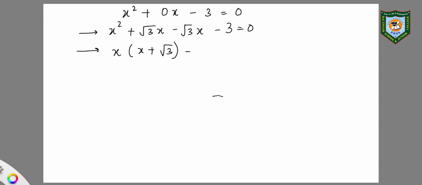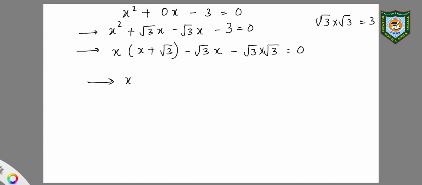Now in the second part of this equation I have minus common, so I'll get minus out, and as we know that root 3 into root 3 is equals to 3, I'll be writing 3 as root 3 into root 3. So this implies x into x plus root 3.